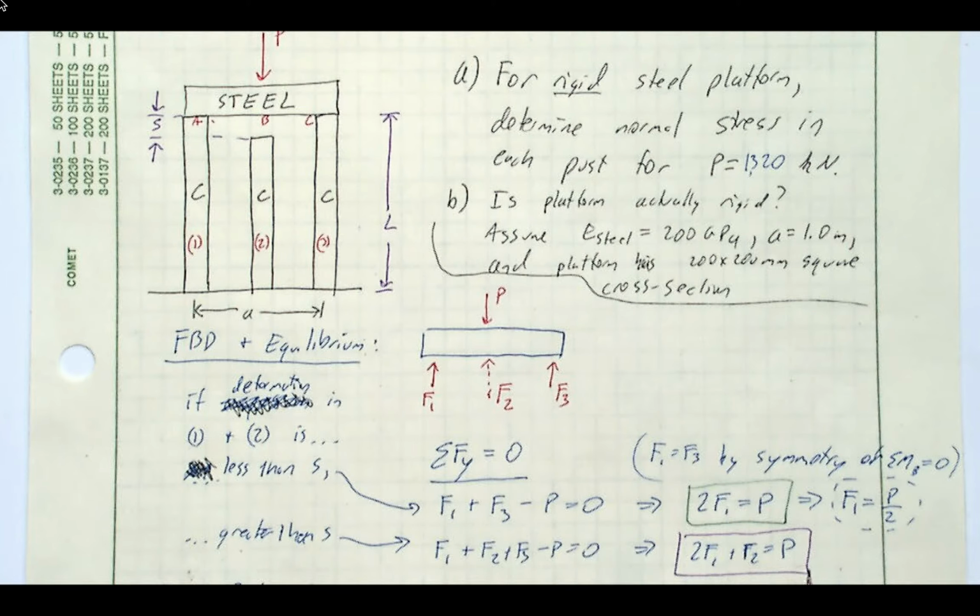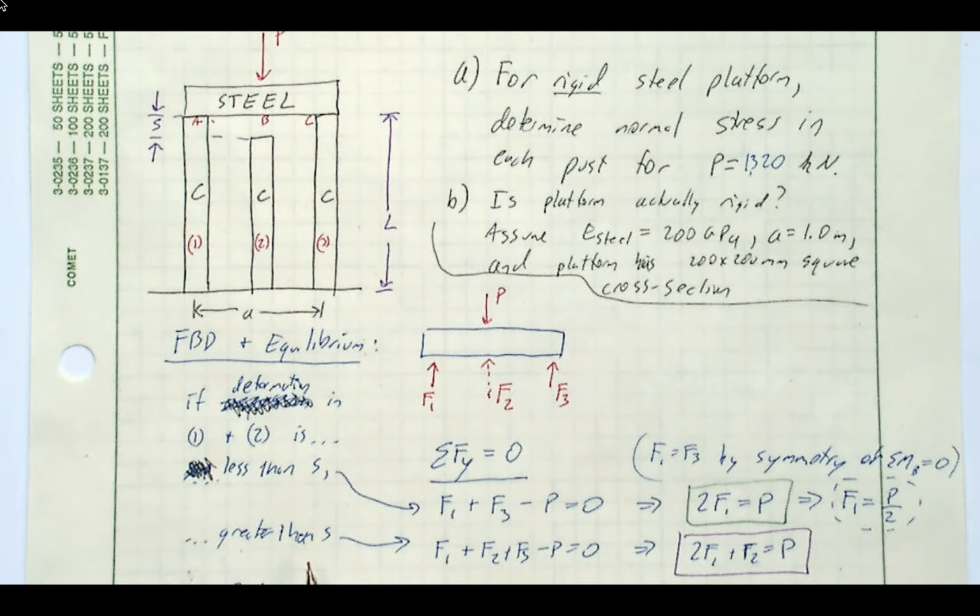Okay, so under that case, putting in that F1 equals F3, we have 2F1 equals the applied load, and therefore F1, which also equals F3, is just half the load. Okay, so that's the easy result.